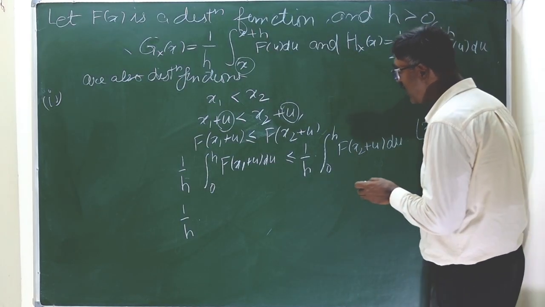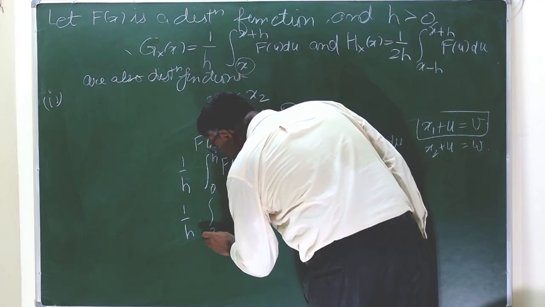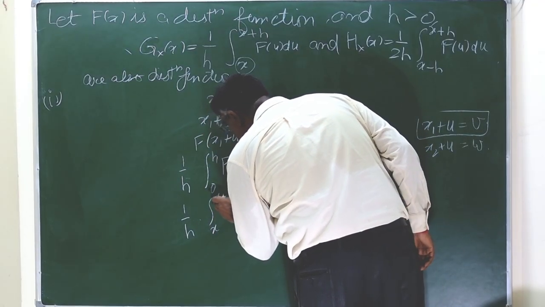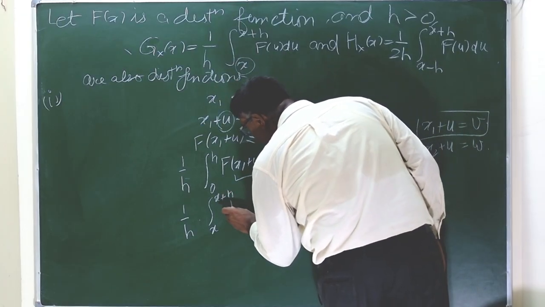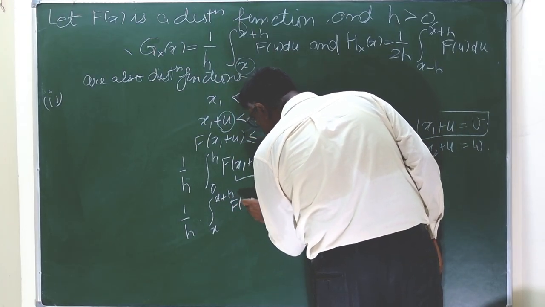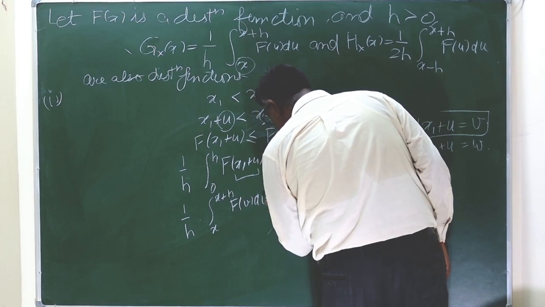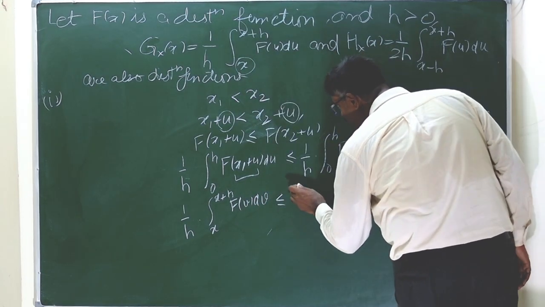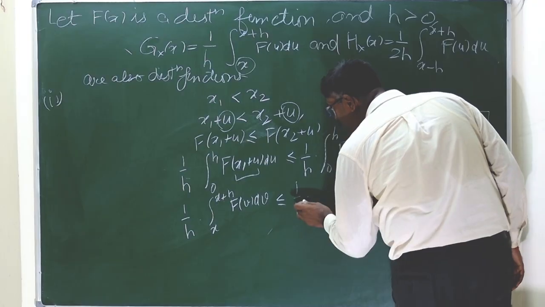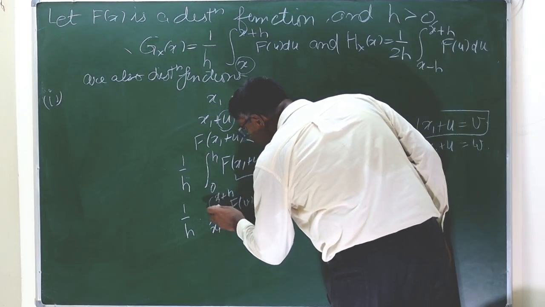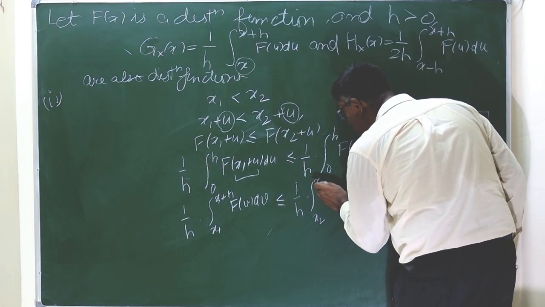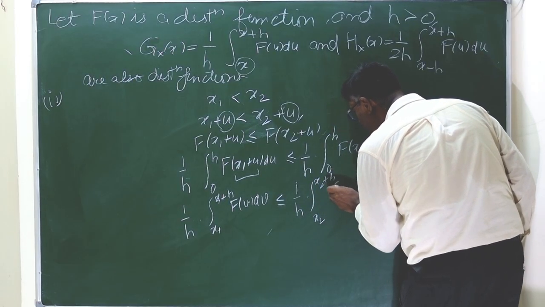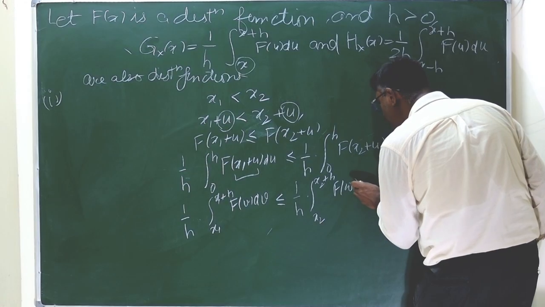Okay, so what we will get: from x1 to x1 plus h, f of x1 plus u reduces to f of v dv, which is less than or equal to 1 over h, from x2 to x2 plus h, f of w dw.